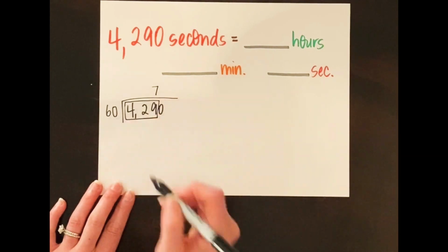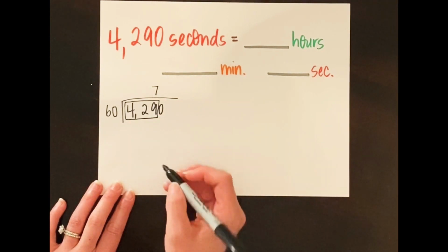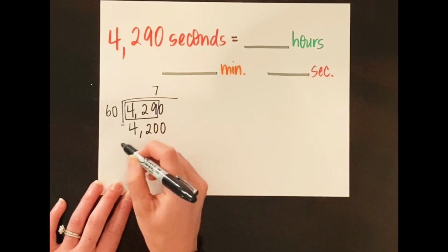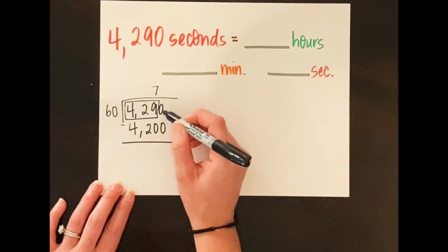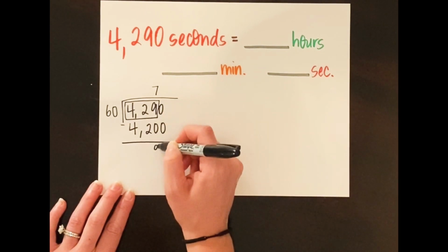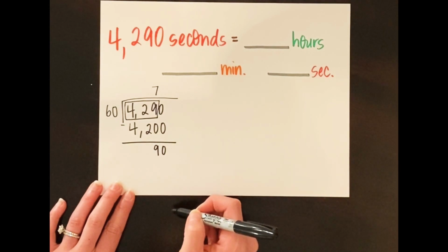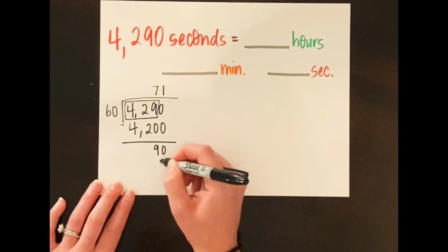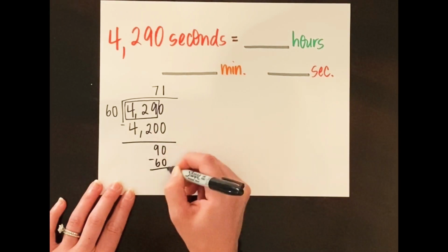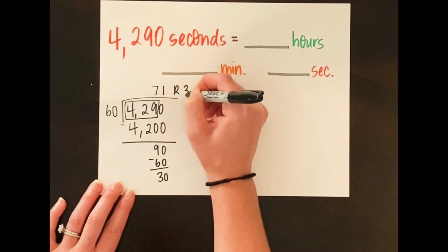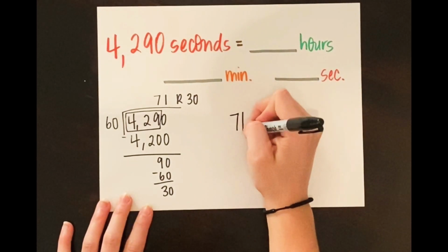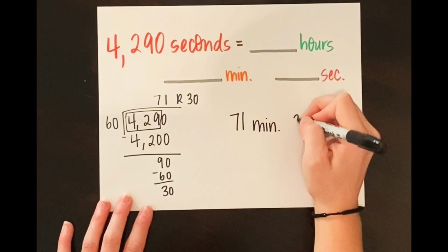And 70 times 60, or 7 times 6 groups of 10, so now I'm going to use subtraction, and I've got 90 left. So 60 goes into 90 one time, and I have 30 left over. So what this means is I have 71 minutes and 30 seconds.